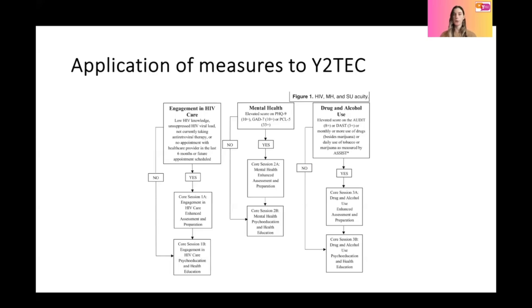The DAST looks at the frequency of substance use, and the ASSIST looks at what substances they're using and the frequency. If they have daily use of a number of substances, such as cocaine or amphetamines, you can look in the manual for more specifics, then they would get 2 sessions, or if they have daily use of any substances.